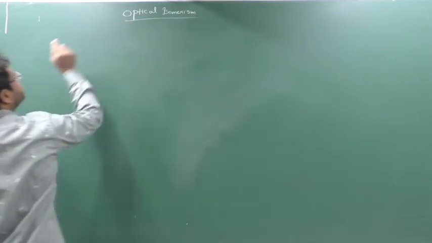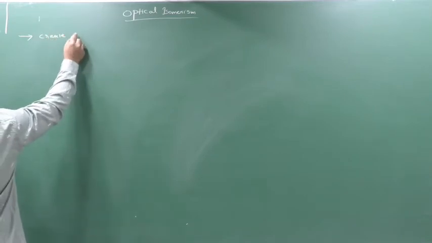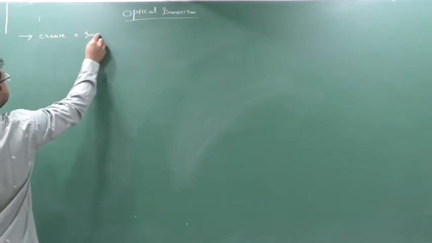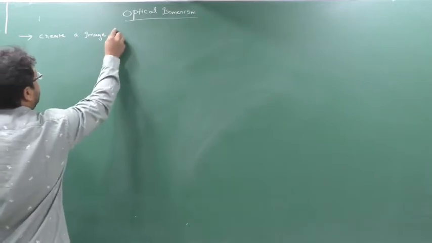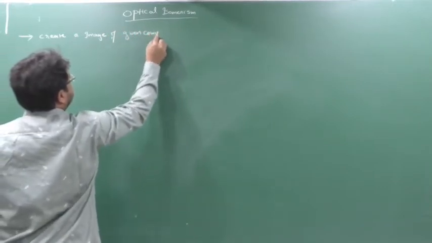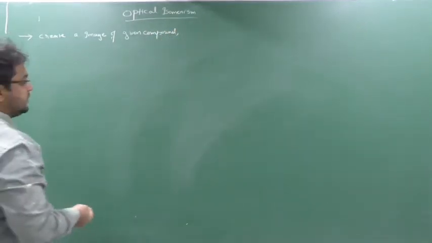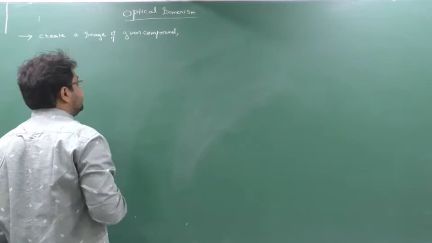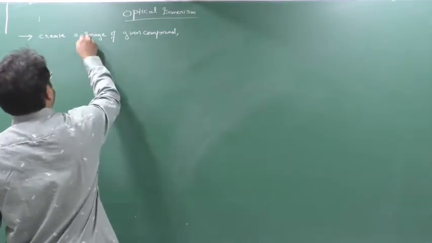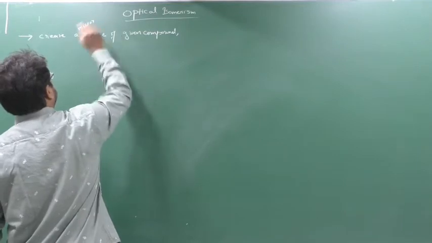See, what is the trick to work out optical isomerism? Create an image of the given compound. Suppose there is a compound and you have to create its mirror image. Which image? Mirror image. Yes or no?